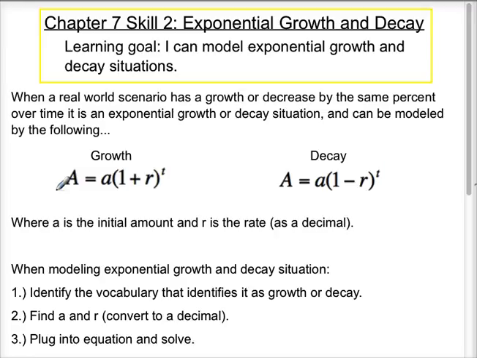Once you've identified that, you want to find A, the initial value, and R. Now, one thing about R is usually in these problems, it will be given as a percent. We can't use percents in an equation, so you're going to have to turn it into a decimal for me. Then you're going to plug everything into the equation and solve.